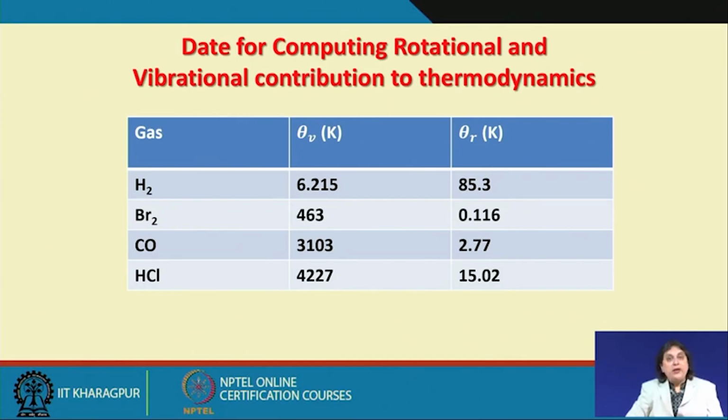Or in other words, when you are looking at measuring specific heat, what you are doing is you are changing the temperature of the system, under either constant volume or constant pressure condition. In this case, at constant volume, you are essentially looking at the amount of energy that this particular system requires to excite some population amongst its rotational energy states. What fraction of energy will be used up in changing the population of the rotational energy states?